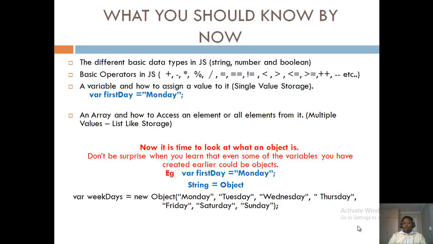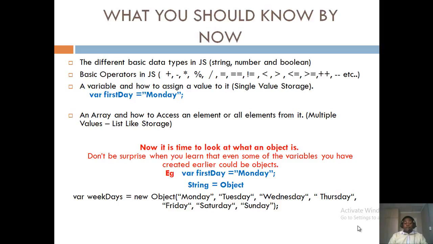And I also spoke about the unary operator in one of the previous videos where I was explaining about loops, and that will be the plus plus and the minus minus. That will be the increment and decrement. So it's very important for you to be able to explain or use these basic operators in your program.